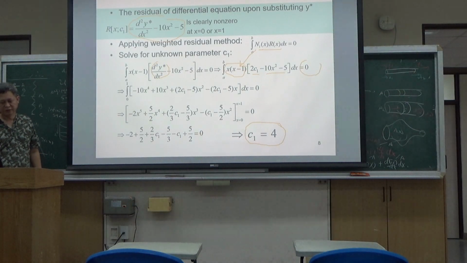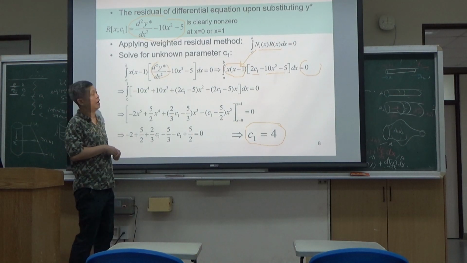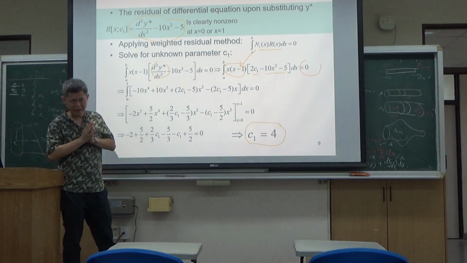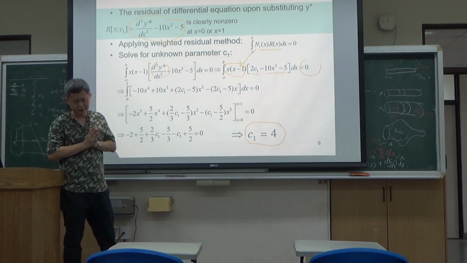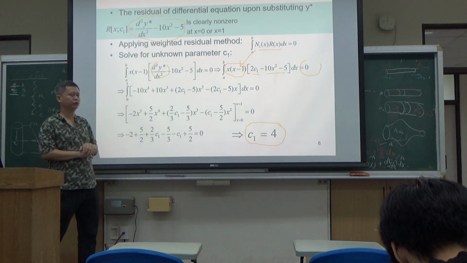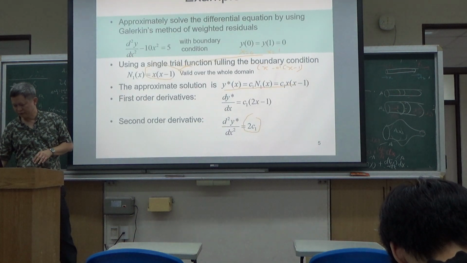Okay? So now, what are we going to show you? We're going to show you that we can assume a function that fulfills the boundary and force it to approximate the analytical solution. So how do you do the forcing? Very simple.